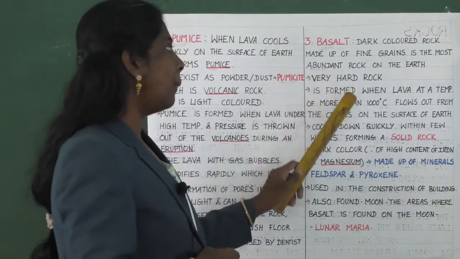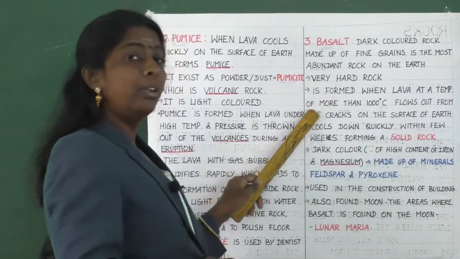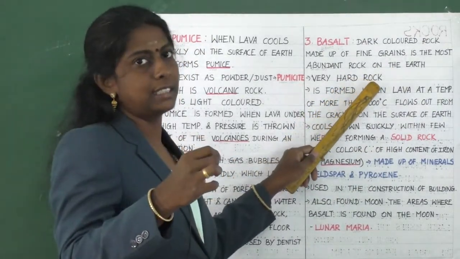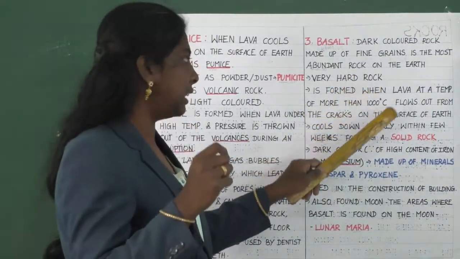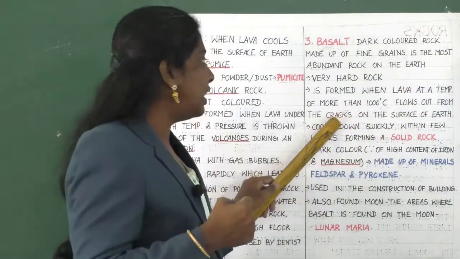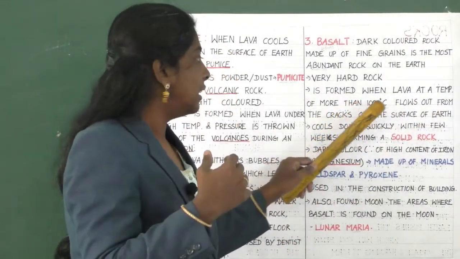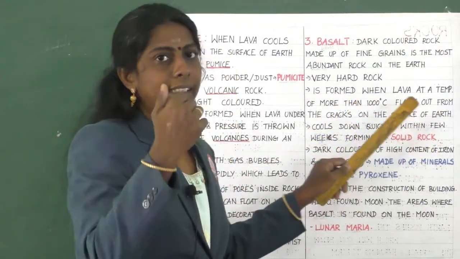It is formed when lava at a temperature of more than 1000 degrees Celsius flows out from the cracks on the surface of earth.